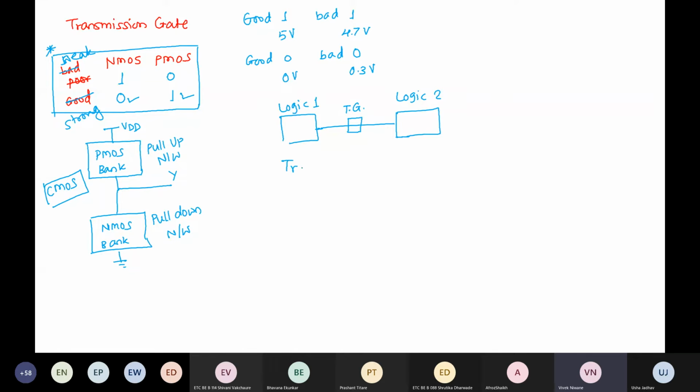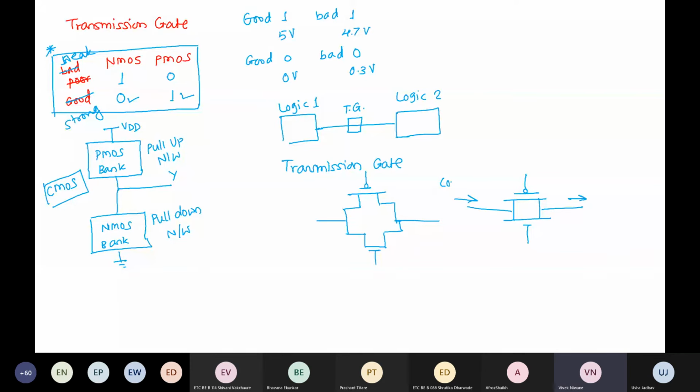So how does this transmission gate look? It is a parallel combination of the PMOS and NMOS. I drew this PMOS and this NMOS, and this is their parallel combination. So instead of drawing it every time this way, we usually draw it this way. This is input and this is output.